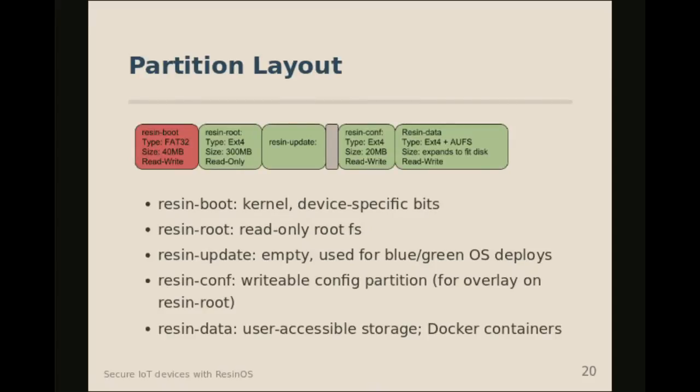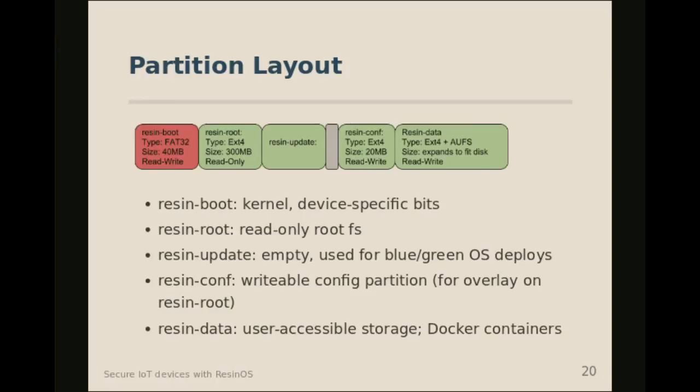So the partition layout on disk: there's a boot partition. This contains most of the device-specific configuration in terms of getting the board running. The root partition, about 300 megs, and it's read-only. This is an improvement from the 1.x, in the 2.x. And then we have another 300 meg empty partition.